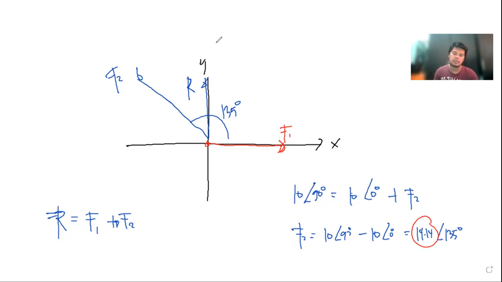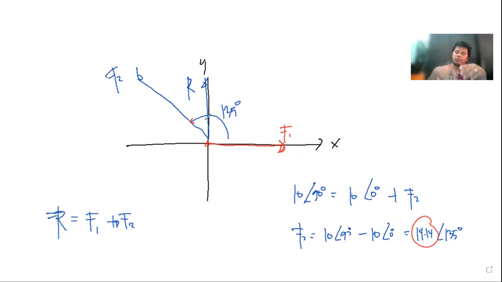If you take a look at the illustration, take note, the resultant force will always be in between.